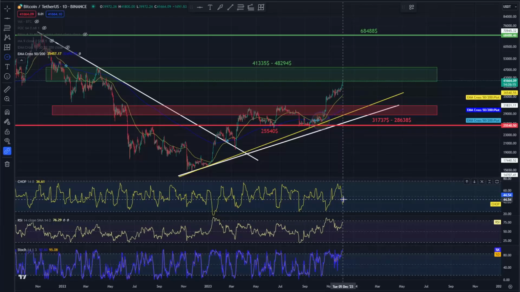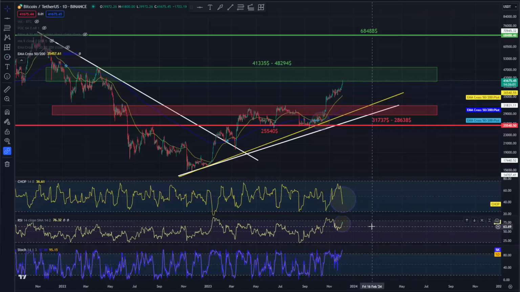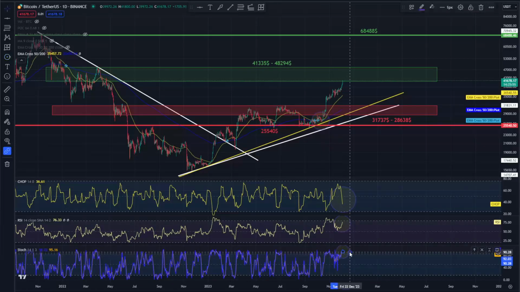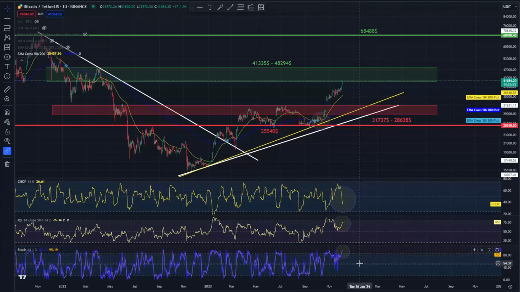Please pay attention to the CHOP index, which indicates that the collected energy is used for growth and there is still some left for possible continuation. On the RSI indicator, we are again approaching the upper limit. But when we look at the stock indicator, we will immediately see a clearly overheated indicator, which may lead to a price recovery.